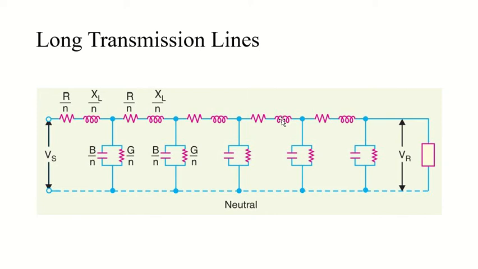Now you all know that line constants of the transmission line are uniformly distributed. The same thing was there for nominal T and nominal pi, that is, medium transmission lines, over the entire length of your line.